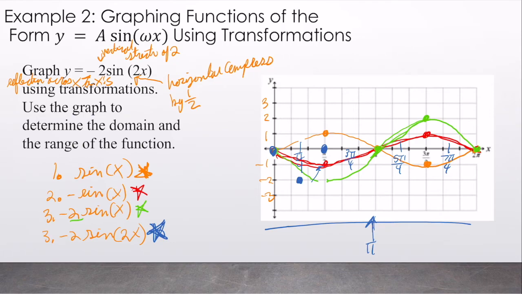Next, what was happening at 3 pi over 2, multiply that by a half, you get 3 pi over 4, so this is going to move over here, and then 2 pi moves to pi. So here's my new graph, right? We compressed what was happening over 2 pi into 1 pi, and remember that our graph is periodic, it repeats itself, so now it repeats twice. So that's the graph y equals negative 2 sine of 2x.